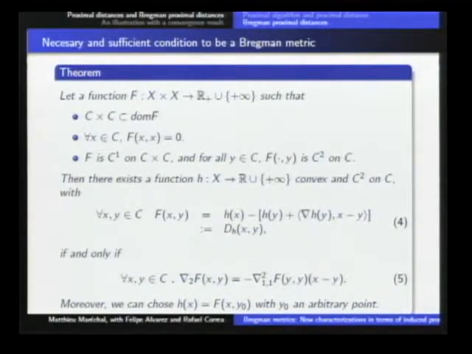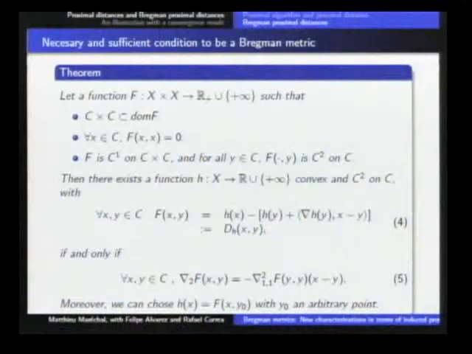What we obtain is this: given a function F of two variables, defined with values in R_+ union plus infinity, satisfying that C times C is included in the domain of F, for all x in C, F of x, x equals 0, and moreover F is C1 on C times C, and F is C2 on C with respect to its first variable.